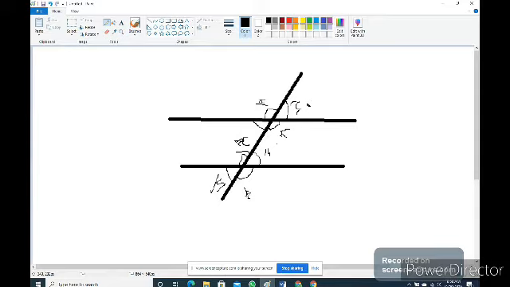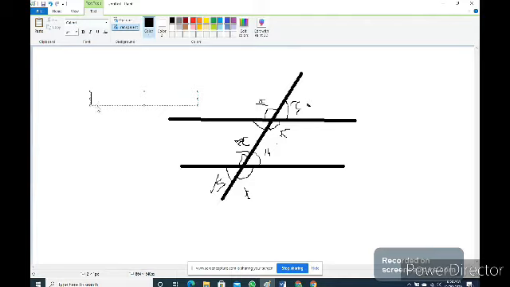So 14 plus x is going to be 180, and x is going to be 180 minus 14.